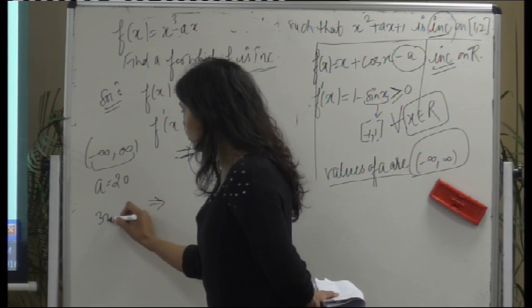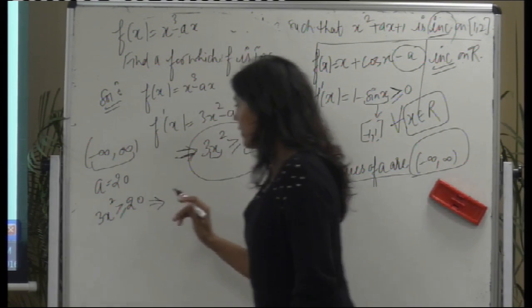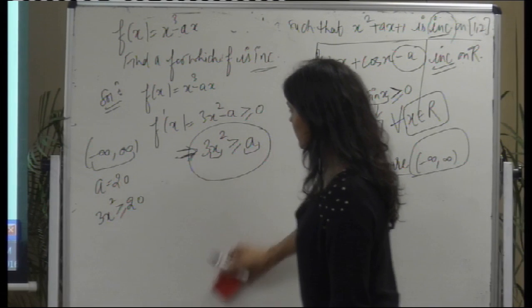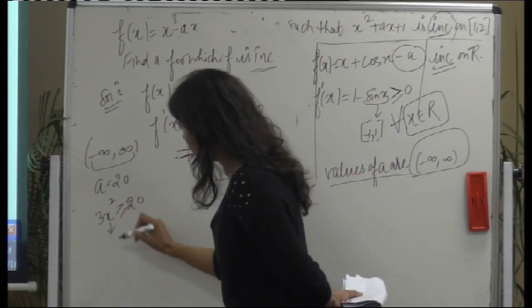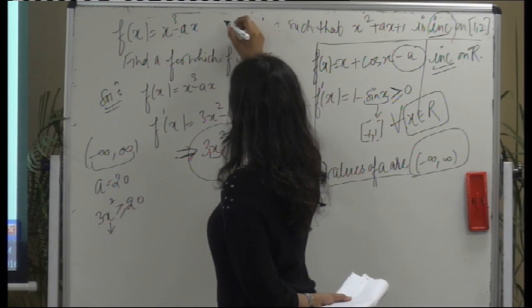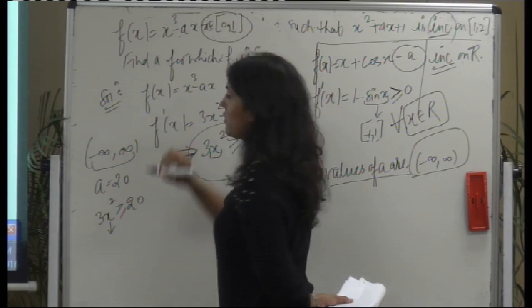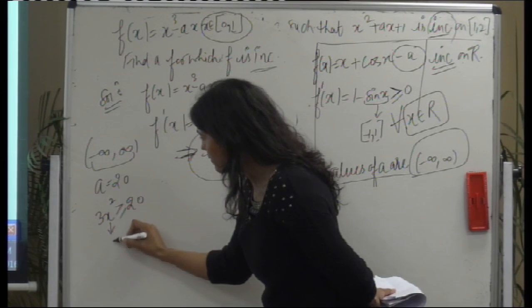So 3x square greater than or equal to 20. This is what you are saying now. So suppose I reduce x to the range 0 to 1, because we are talking in general. We are talking in general. So put in x as 0 here.